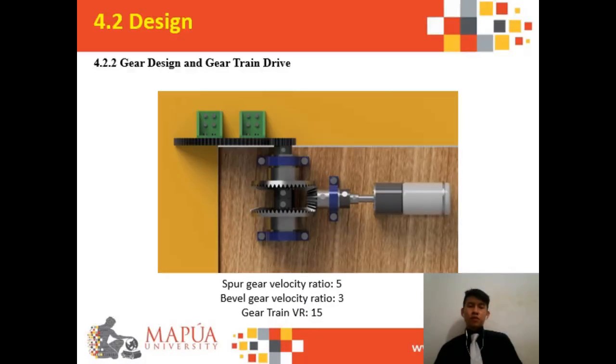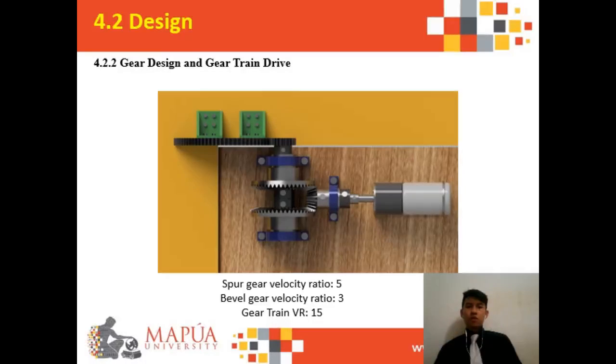More details on the used spur gears and bevel gears are found in Appendix C and D, and for spur gears you can find it in Appendix J and K. Please refer to the paper for more details.